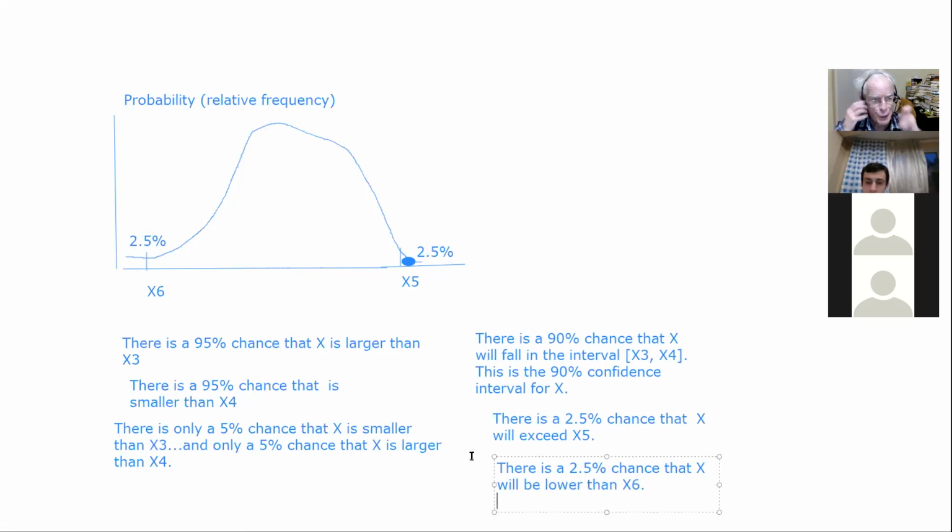So this time, a confidence interval is x6 and x5.